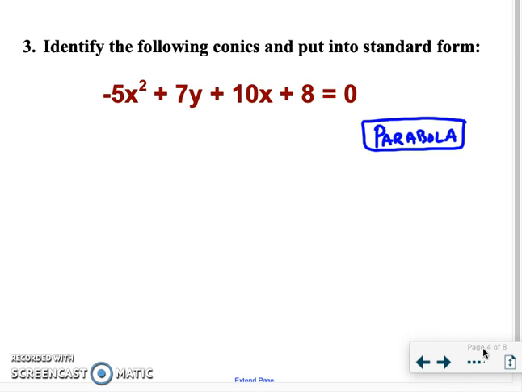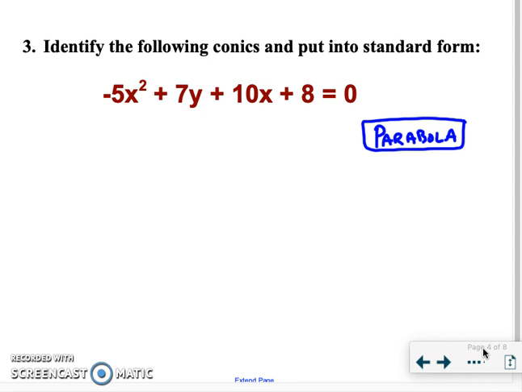If it were a circle, there would be an x squared term and a y squared term that specifically have the same coefficient. If it were a hyperbola, then the x squared term and the y squared term would have different signs, meaning one's positive, one's negative. And if it's an ellipse, there's an x squared term and a y squared term that contain the same sign. So we don't have to worry about those other ones.